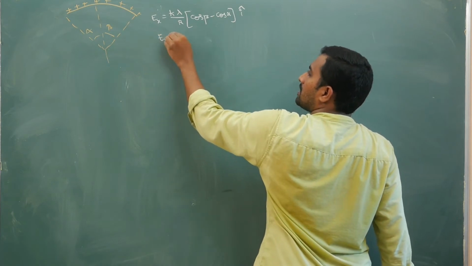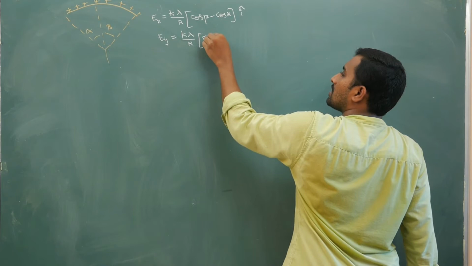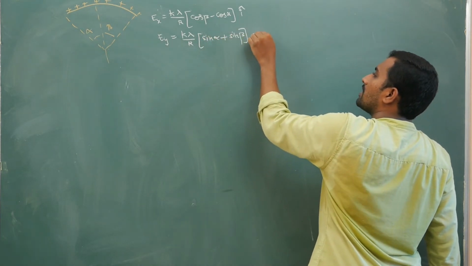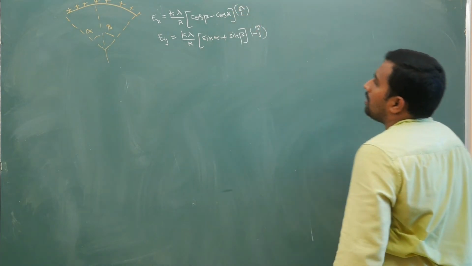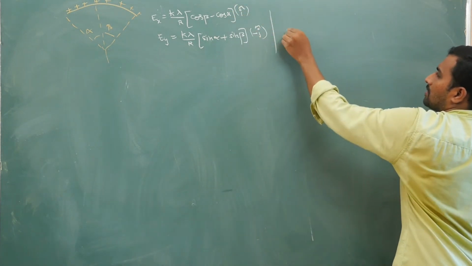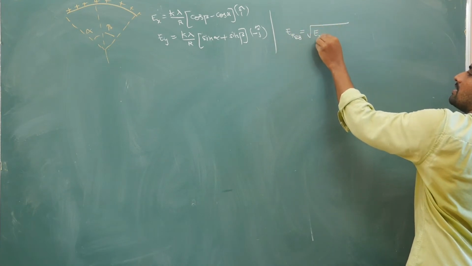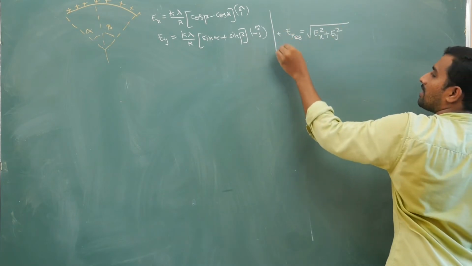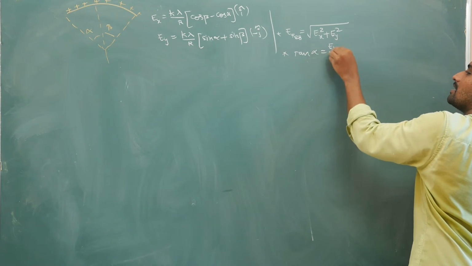Your Ey is k lambda by r times sin alpha plus sin beta into minus j cap. So now you have got Ex and Ey. Your E resultant is under root Ex square plus Ey square, and tan alpha is equal to Ey by Ex.